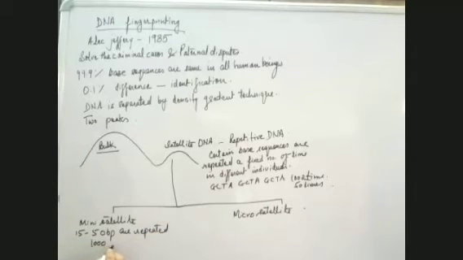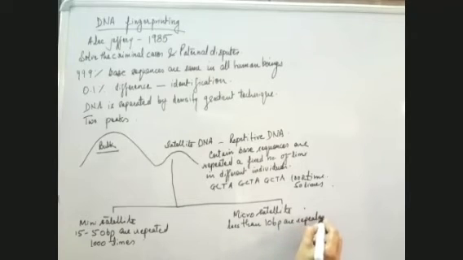In the case of a microsatellite, less than 10 base pairs are repeated 10 to 100 times. If fewer than 10 base pairs are repeated 10 to 100 times, we call it a microsatellite. And if 15 to 50 base pairs are repeated 1000 times, we call it a mini satellite.